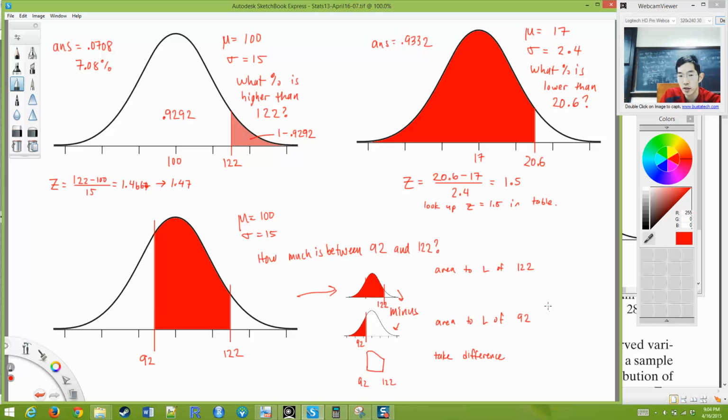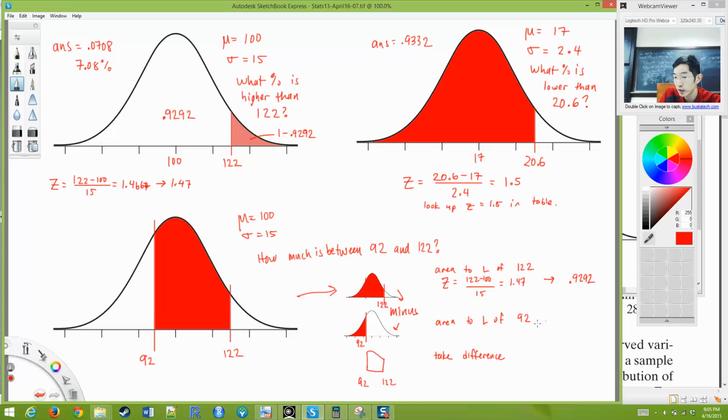The area to the left of 122 we actually did earlier, but we're just going to do z is equal to 122 minus 100 divided by 15. I get a z-score of 1.47, which gives me an area to the left of 0.9292.